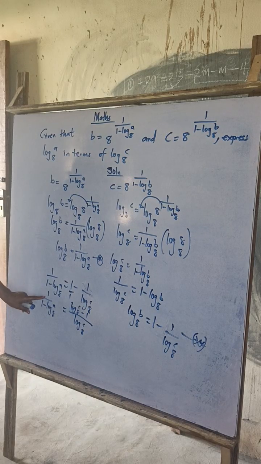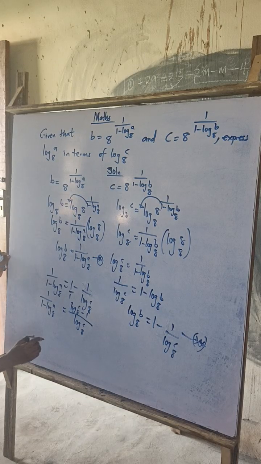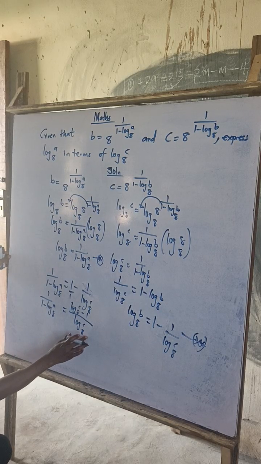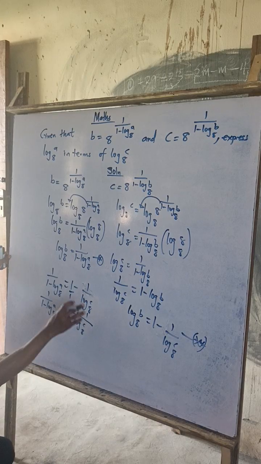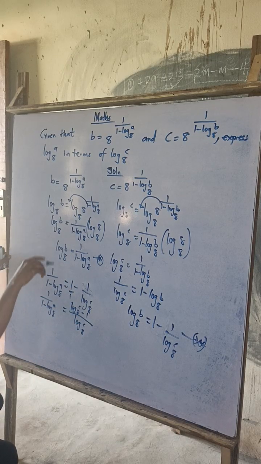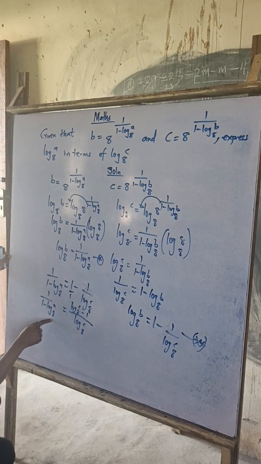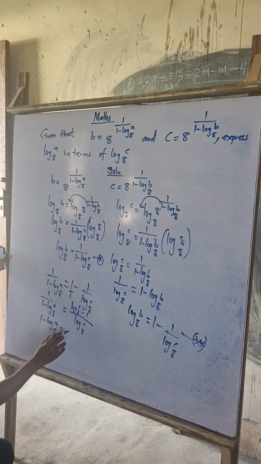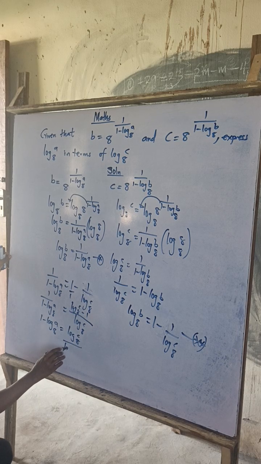Now, if this one is equal to this, it can be written so that we make log a to base 8 the subject of the formula. Taking the inverse of both sides, we have 1 minus log a to base 8 equals log c to base 8 divided by log c to base 8 minus 1.